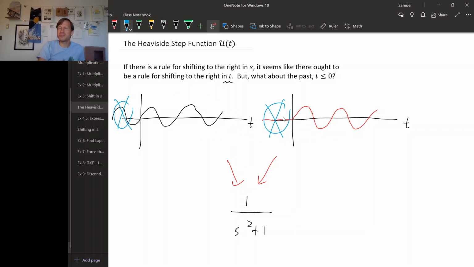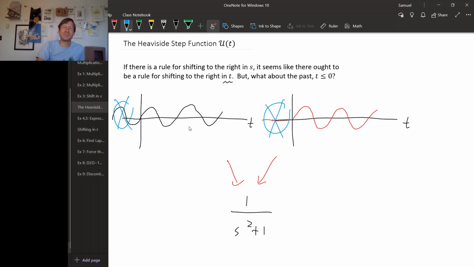But when you shift them to the right, all of a sudden these two functions won't look the same. The one on the left, if you shift it to the right, you pick up some of the additional oscillations of sine. But the red one on the right, if you shift it to the right, you're shifting some of this place where it's 0 over to the right.